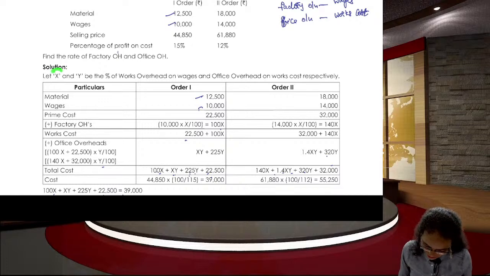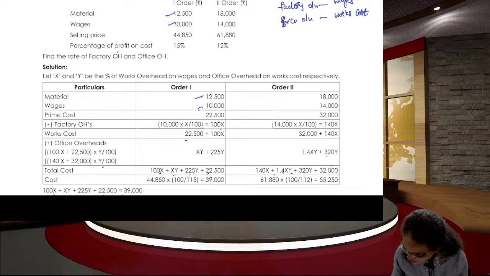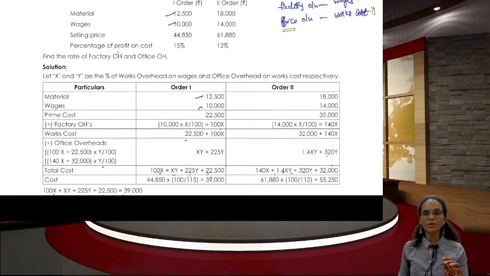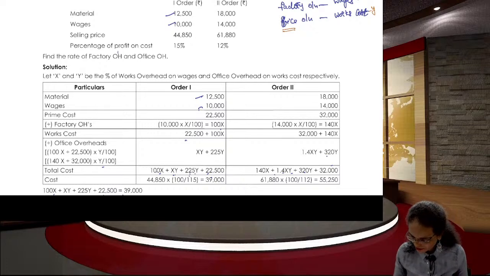So we assume the factory overhead percentage as X and the office overhead percentage as Y. X percentage and Y percentage. When we assume that, this is the prime cost plus the factory overhead.